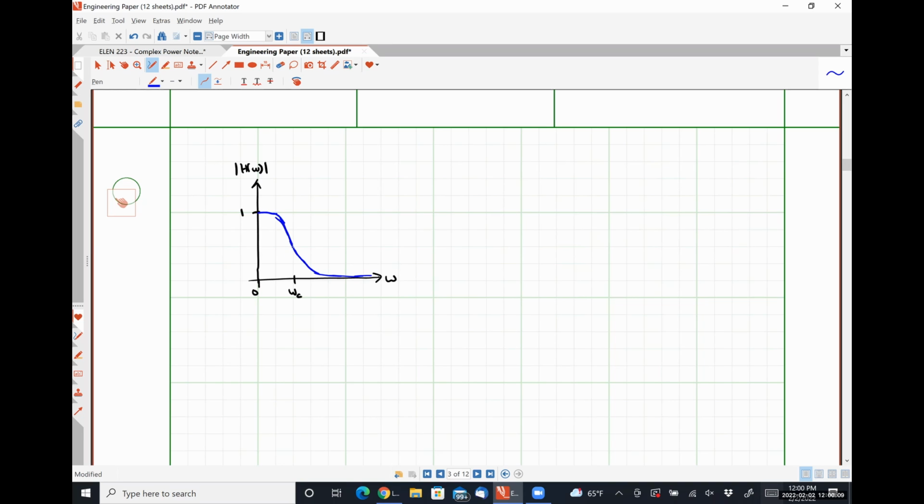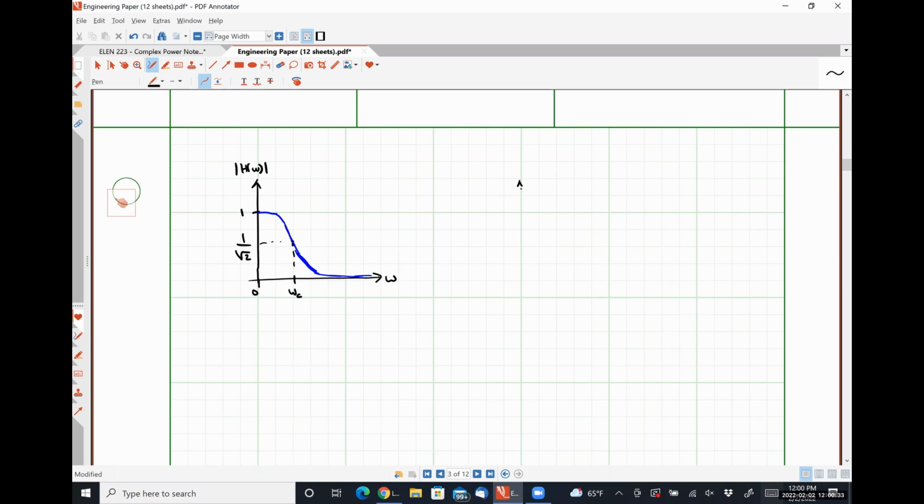Let me try to redraw this a little bit better. What's supposed to be happening is that right here would correspond to 1 over root 2, but I'm not drawing the scale correctly.